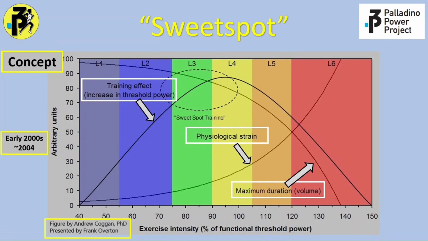When Seiler first presented 80-20, it was based on session types, and he later came out and said that if we're doing accounting by duration in each zone, so to speak, it's really more like 90-10 or 85-15 max. He says if you try to get 80-20, you're going to burn yourself out. He actually said that.